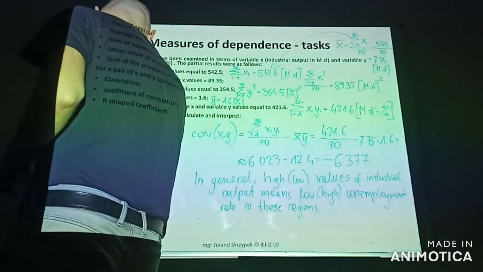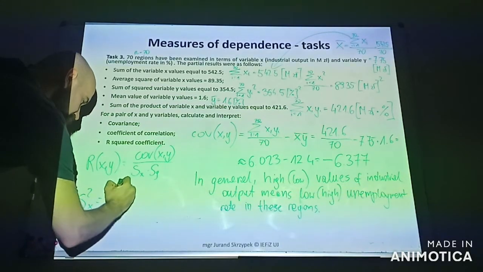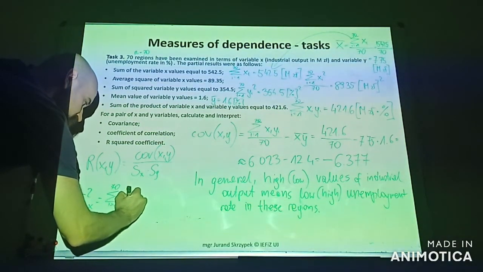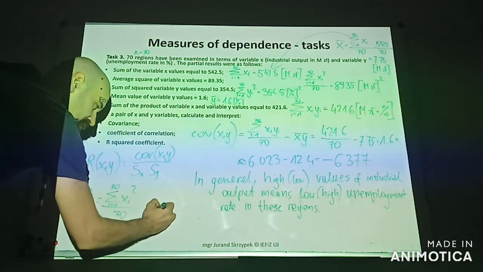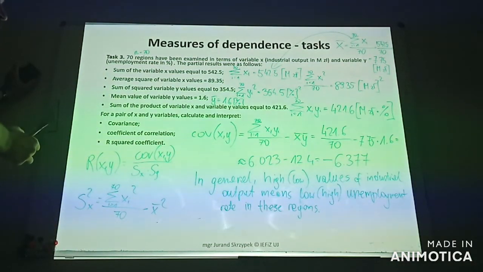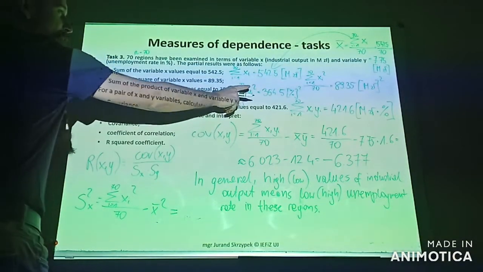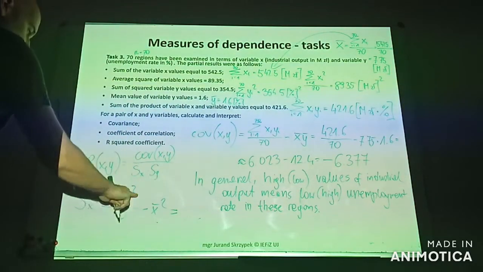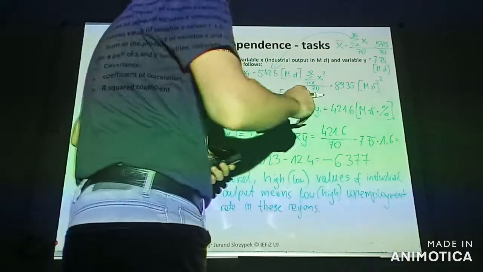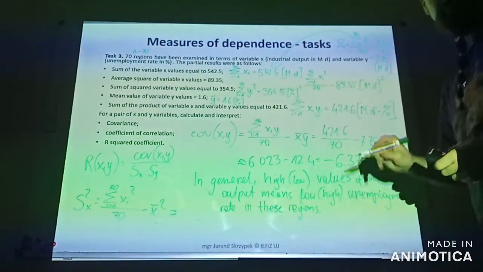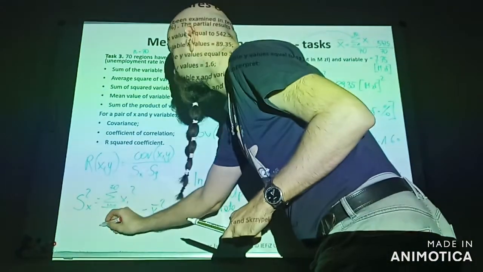The variance of x, as we know, is the sum from i equal 1 up to 70 of squared xi values divided by the population size, minus the mean industrial output squared. In our example, this sum is the average square of industrial output. Do you see that? Here and here we have the same thing.